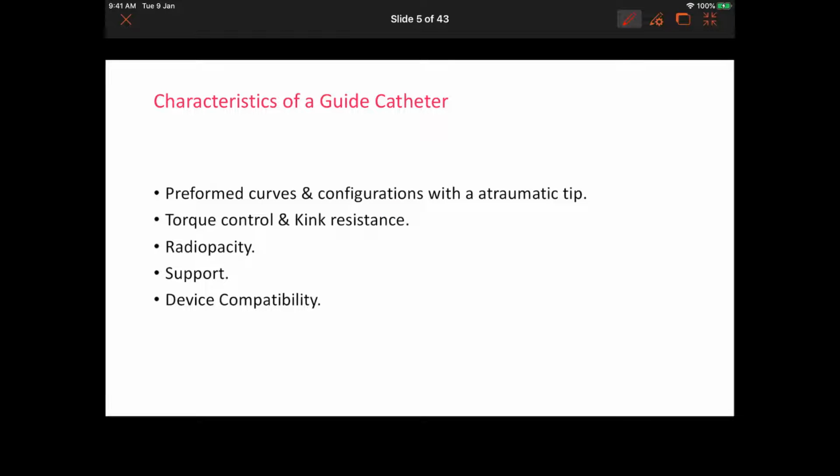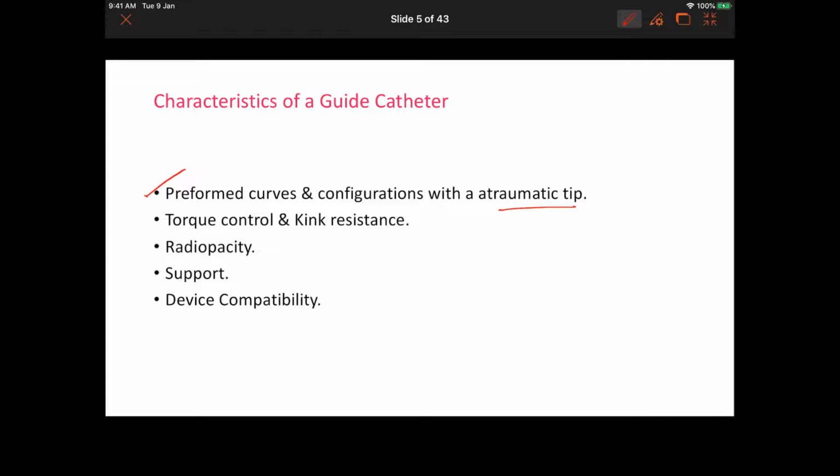So to fulfill this role, what characteristics should be there? Usually the guide catheters or the diagnostic catheters have a preformed curve. This is to aid us to cannulate or intubate the respective structures that we want to study. And definitely it has a configuration with an atraumatic tip.